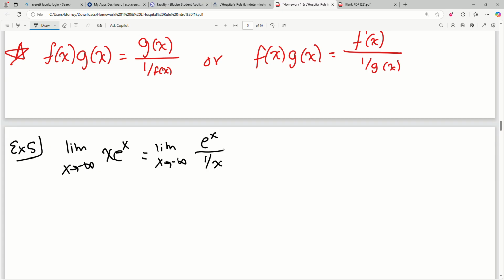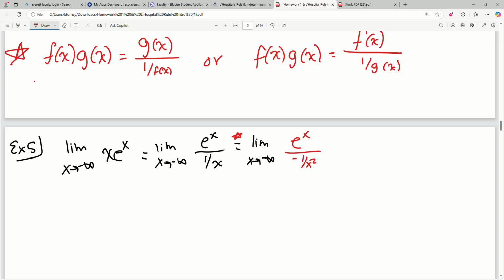And then when I do that, negative infinity. What is the derivative of, right here I'm getting ready to take L'Hopital's rule, what's the derivative of e to the x? What's the derivative of 1 over x? Negative 1 over x squared.